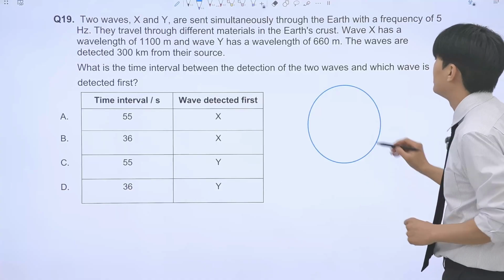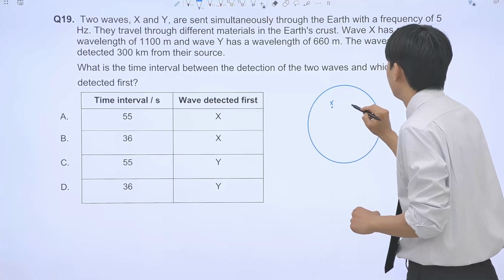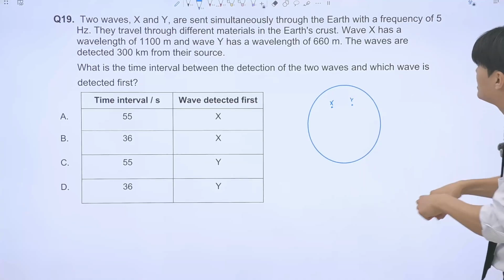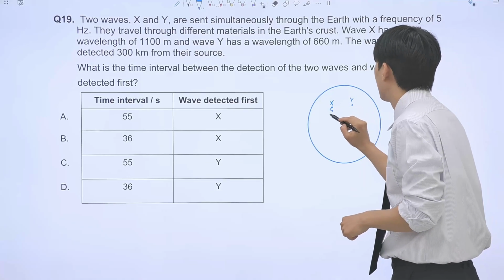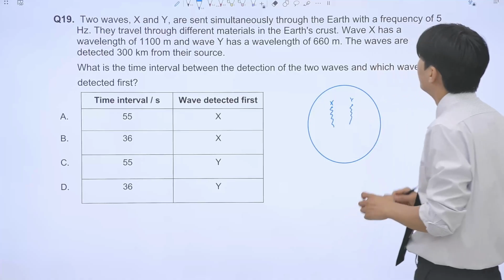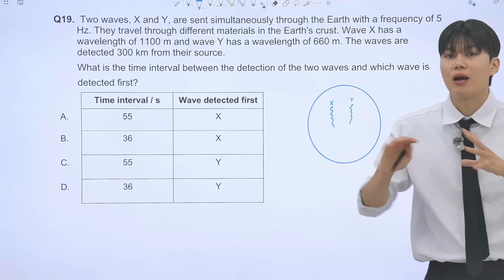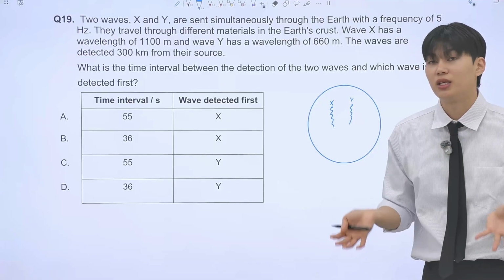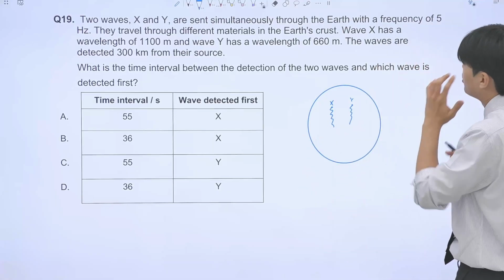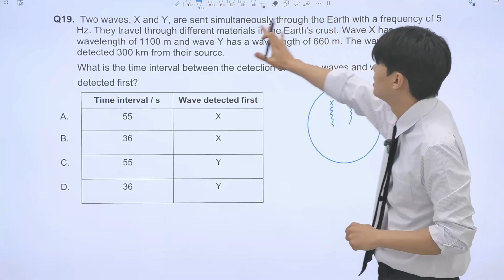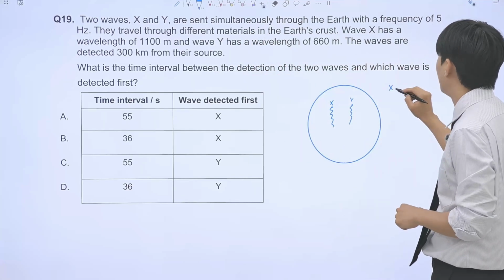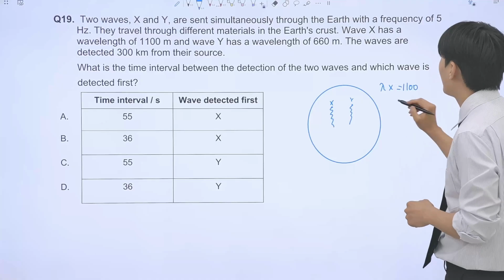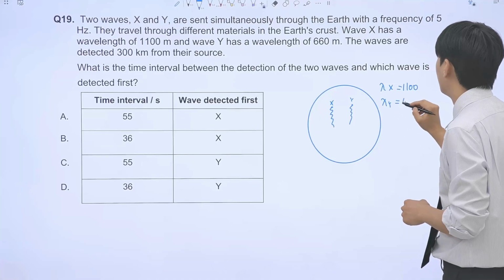But here is what it is. From X and Y, they send the signal to the Earth's inside, right? So that goes through something like that. But we know that inside the Earth they have different materials, like the mantle and core. I think that's what the situation is. Wave X has a wavelength of 1,100, and Y has a wavelength of 660.